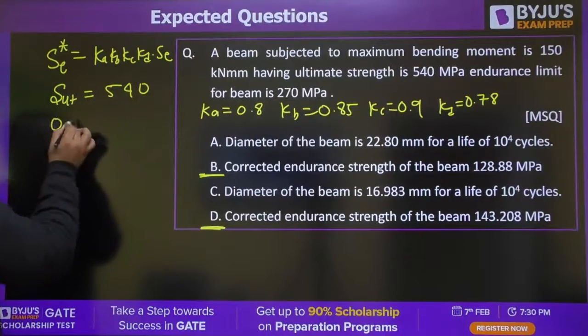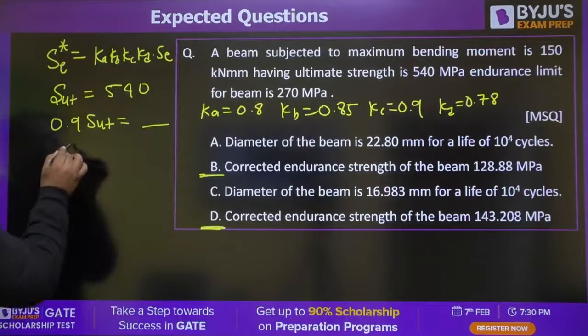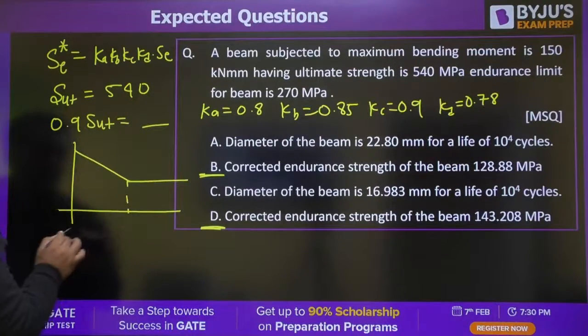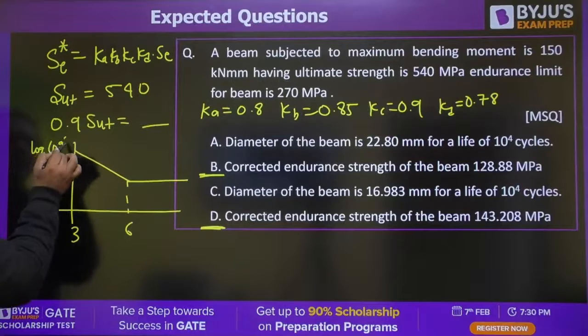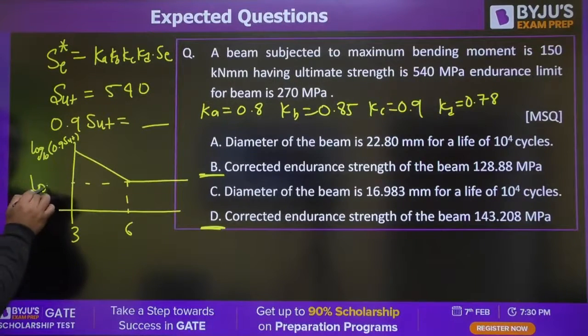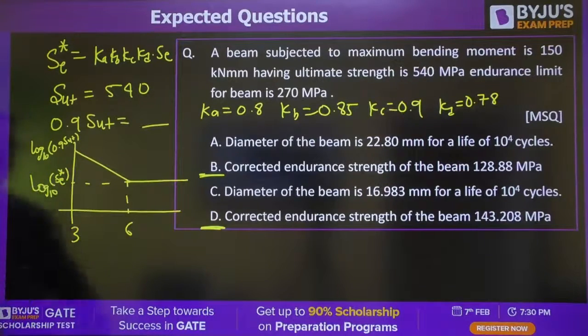You can find 0.9 times of ultimate, and then you already know the S-N diagram, 3 and 6. This is log base 10, 0.9 times of SUT. Here you will be having log base 10, corrected endurance.